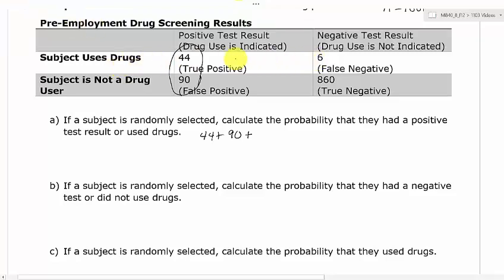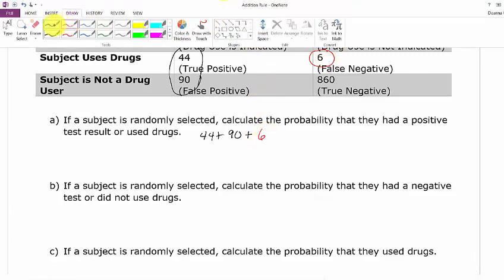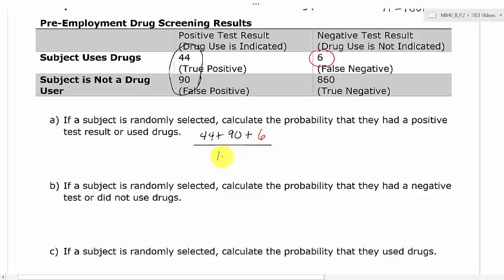And so used drugs is the first row, so we need to add in these 6. And then you divide by the total. And there are a total of 1,000 people. And so this would be 140 divided by 1,000. And so that's 0.140 if you go to 3 decimal places.